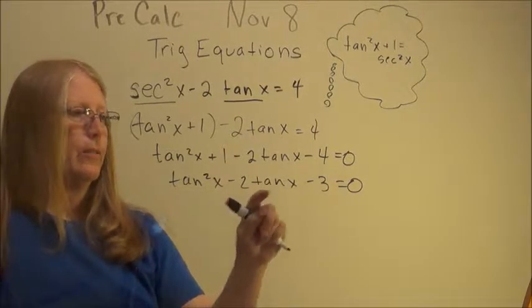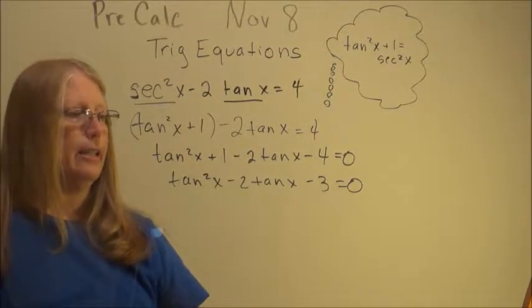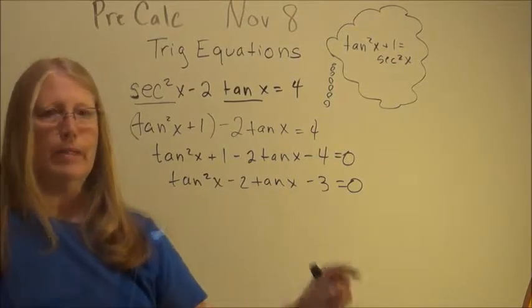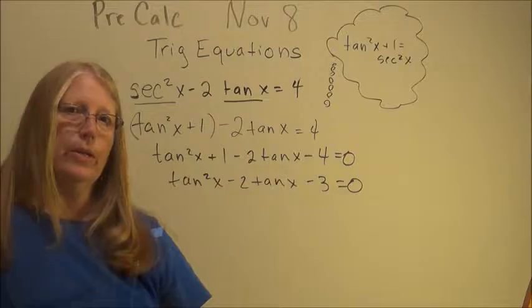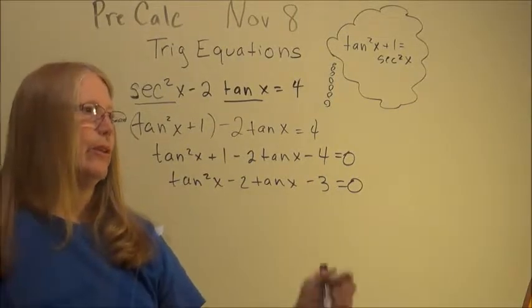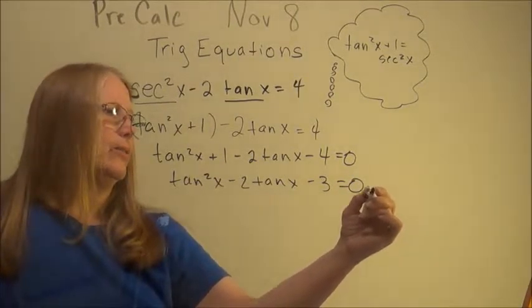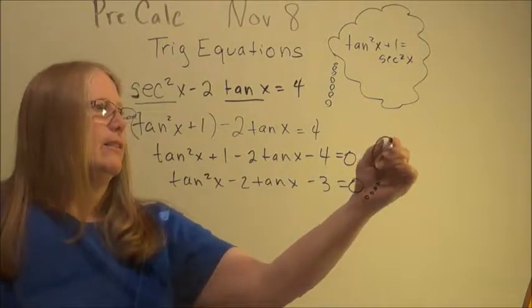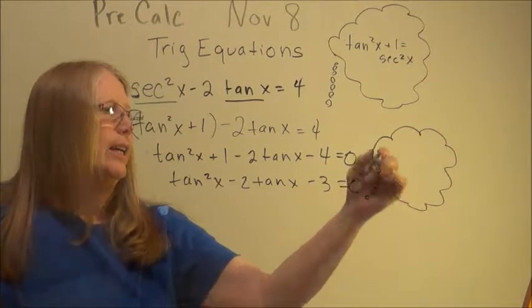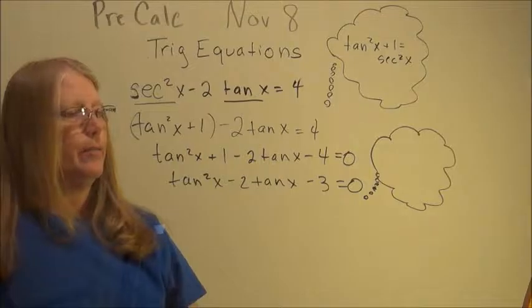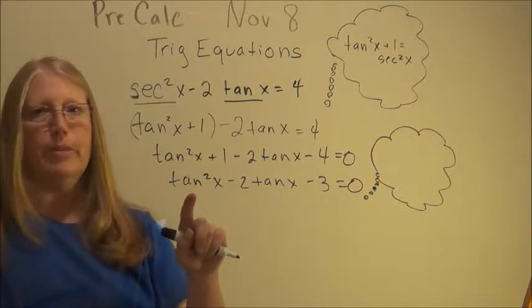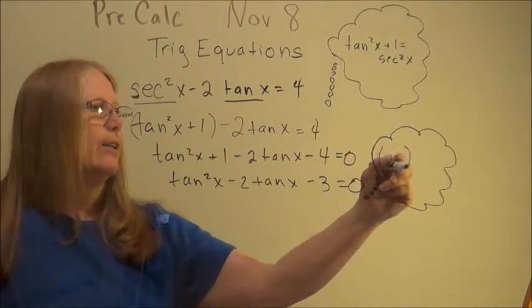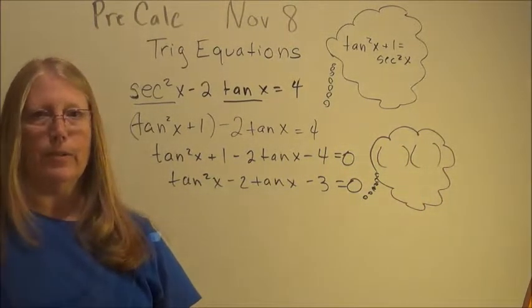When there's 3 terms like that, and you can't take out anything common to all 3, what should we do? I'm going to grab another thought cloud, and this one is Ryan, because Ryan is ready. He has observed that when there's a trinomial, 3 terms like this, and one of them squared, you're going to factor it like a trinomial in algebra.